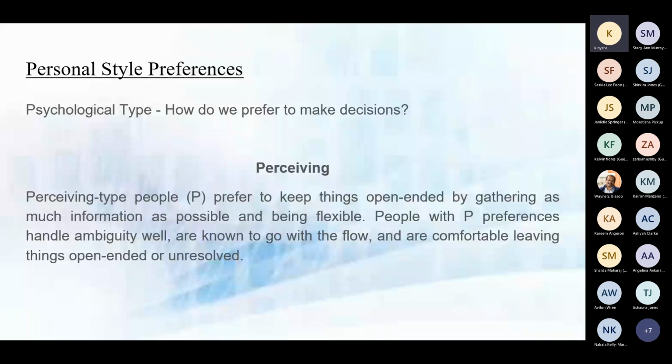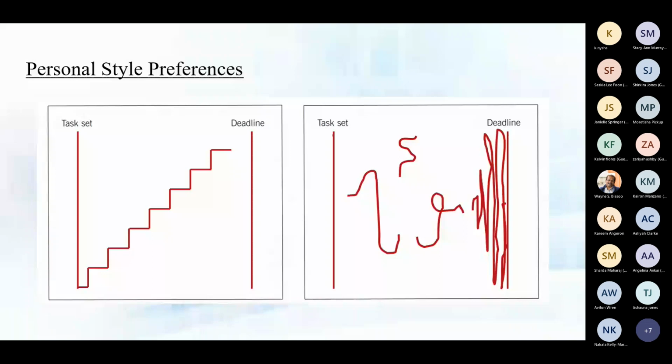Perceivers are more open-minded and like to gather information and be more flexible. They like to leave things with an open ending or unresolved. So can anybody tell me which one of these two diagrams is a person who is judging and a person who is perceiving?